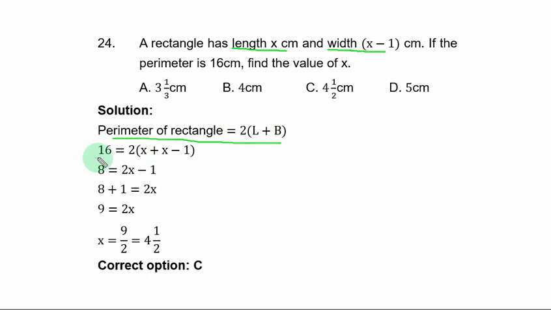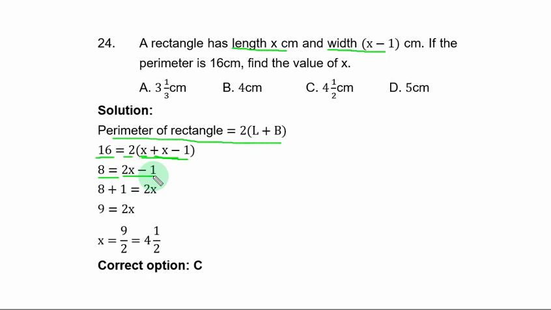The perimeter is 16 equal to 2. The length is s plus the breadth s minus 1. If you divide through by 2, you have 8 equal to, you add the terms in the bracket, you have 2s minus 1.